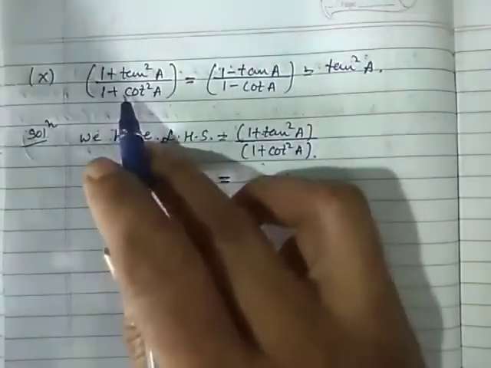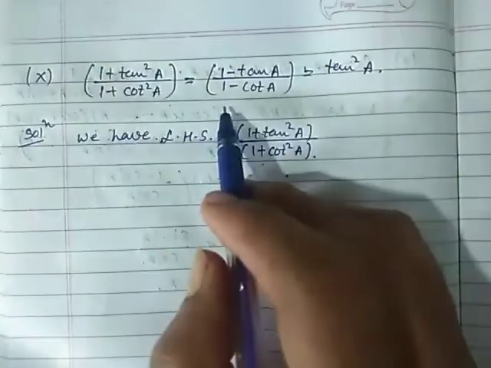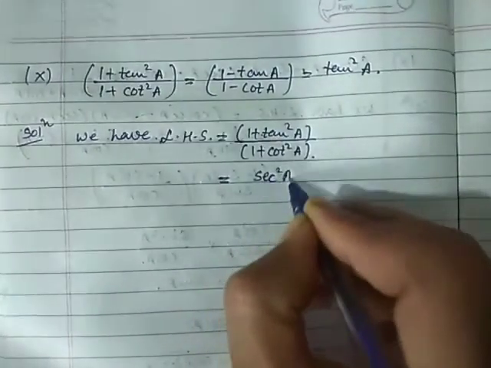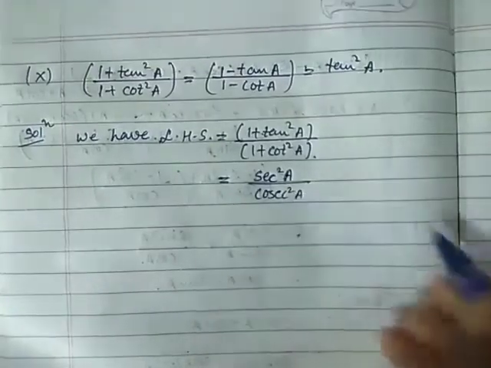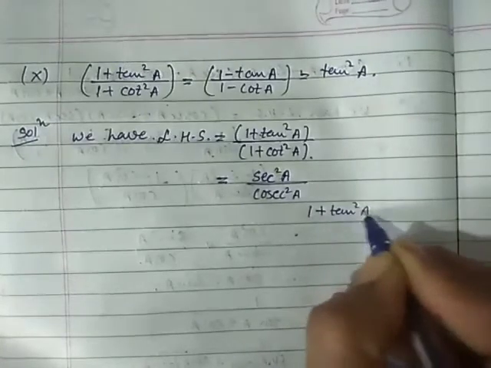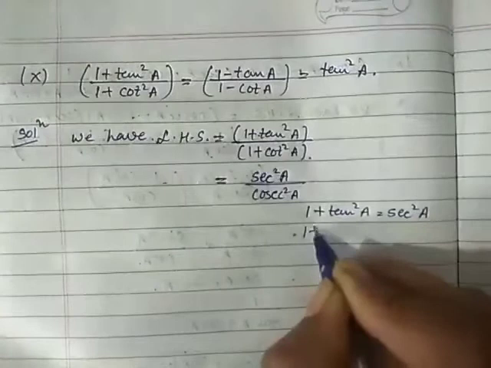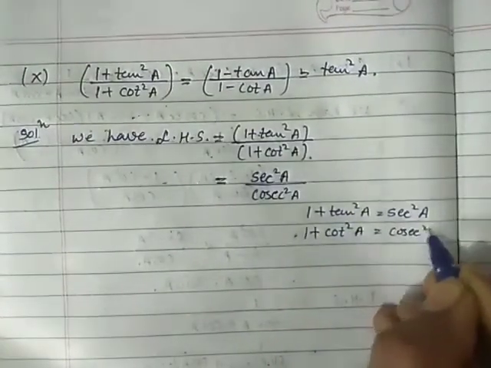So first of all we'll write LHS: 1 plus tan square A upon 1 plus cot square A. 1 plus tan square A we know is sec square A, and 1 plus cot square A is cosec square A. This is very simple.